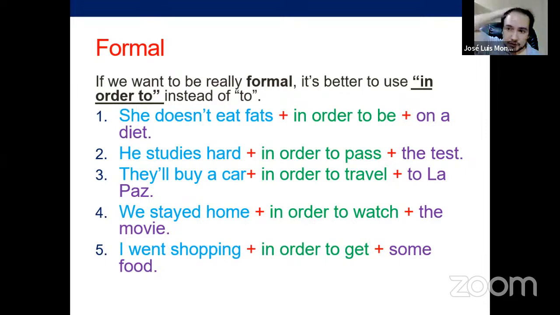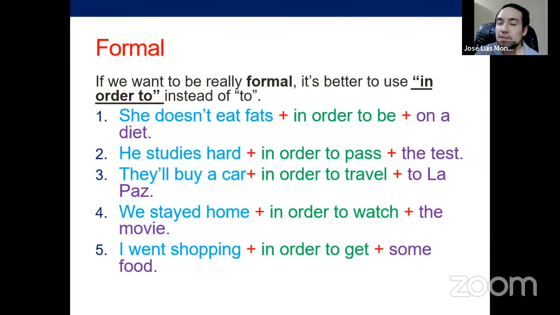Now, remember, we need to take a look at some alternatives, and ways to make it more formal. This is one way. If you want to be formal for your TOEFL test, for any type of academic or scientific writing, those papers, anything in general that requires you to be formal, use in order to.